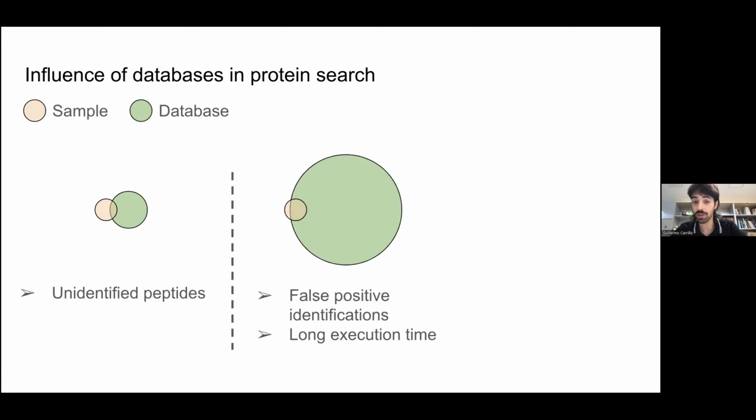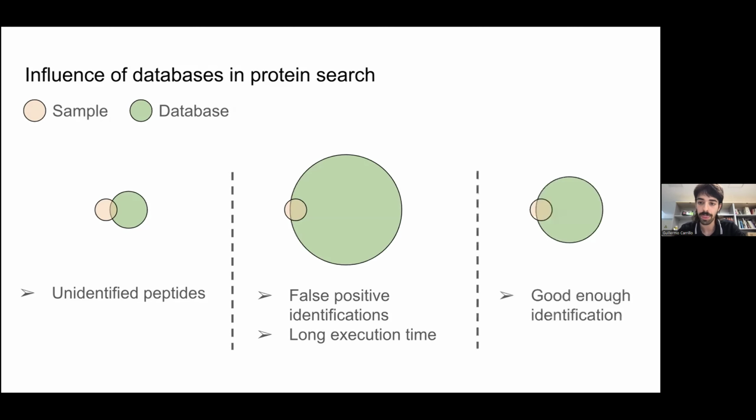Then in this second scenario our database is huge, and of course many of the real peptides are represented in it, but this also leads to a high risk of false positive identifications. Intuitively, this means that just by chance there's a probability that we identify a peptide that is not really there, because the database is huge. This also leads to a really long execution time, which is not acceptable in many ways.